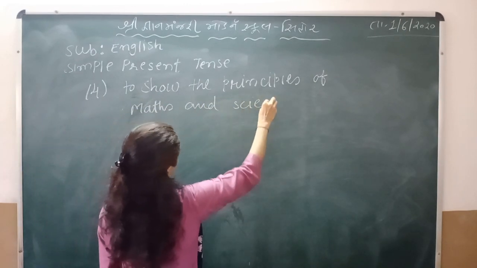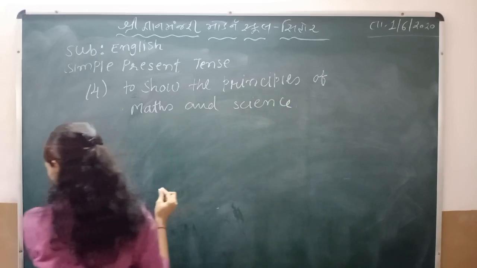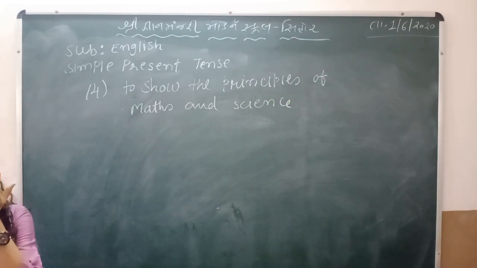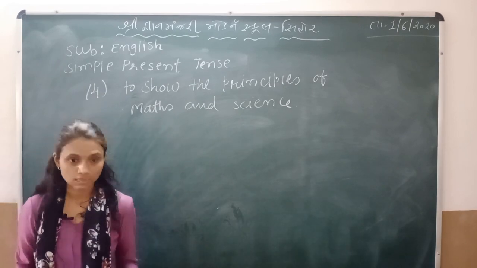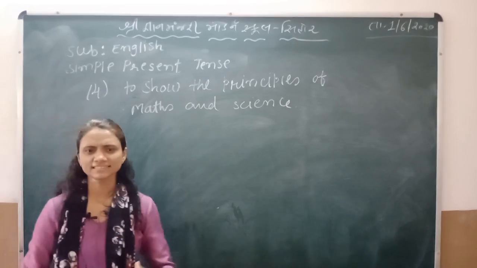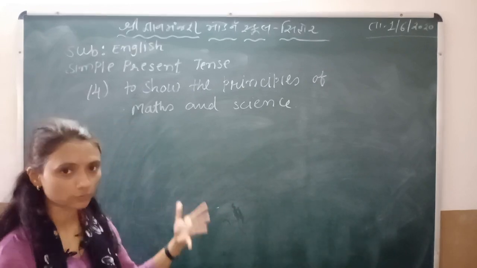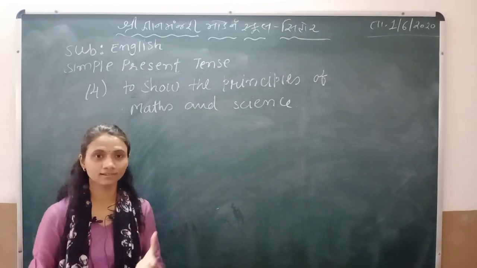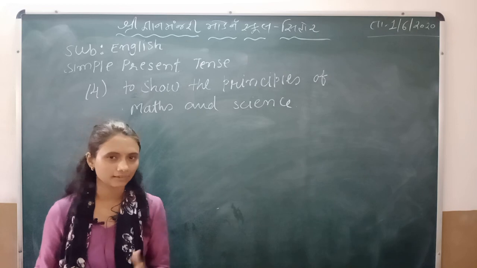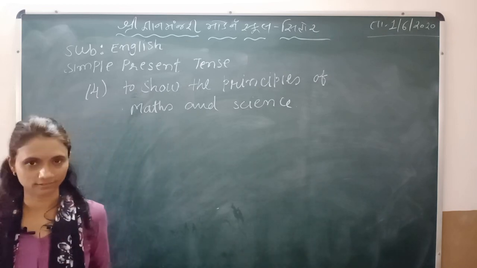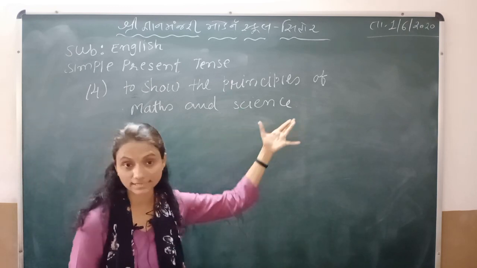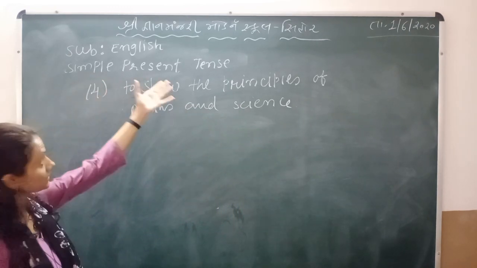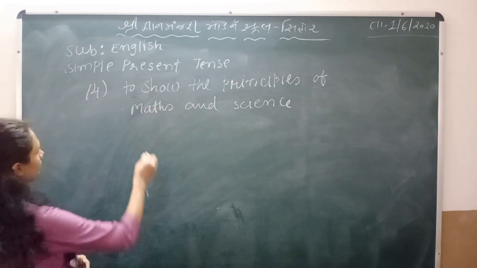You all are aware of the principles of maths and science. In a way we can say that the principles, it means the rules of maths and science, are just like eternal truth, which we cannot change. So in this type of sentences, we can use simple present tense.